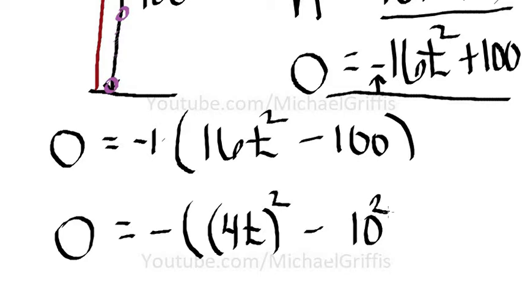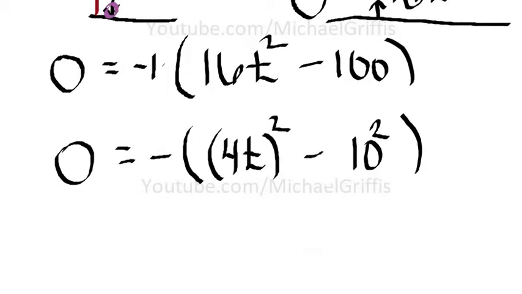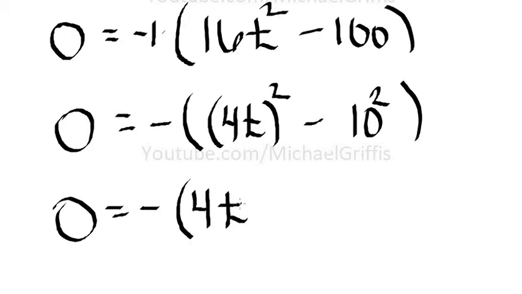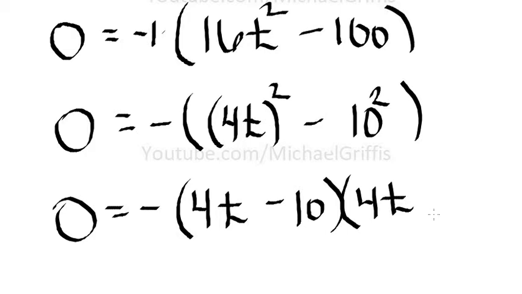Minus 10 squared. This was in the section where we factored binomials. This can be factored now as 4t minus 10 times 4t plus 10.